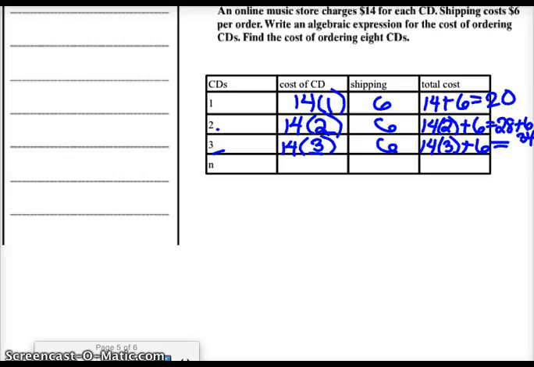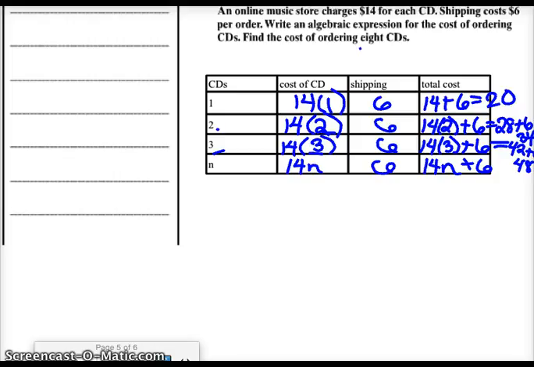All right, so what would that be? 42 plus 6? 48 bucks. So for n, same strategy here. 14 times the number of CDs I got. Still the same order. The total cost would be 14 times the number of CDs I get, plus my $6 shipment.